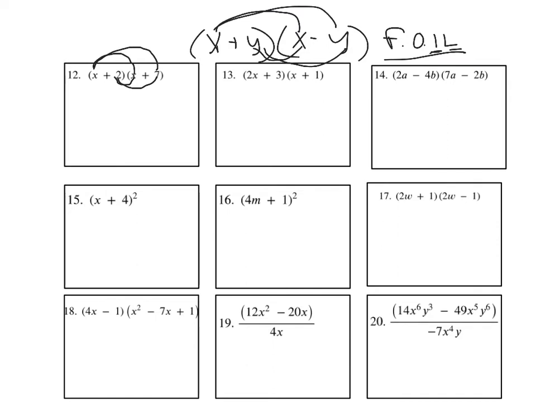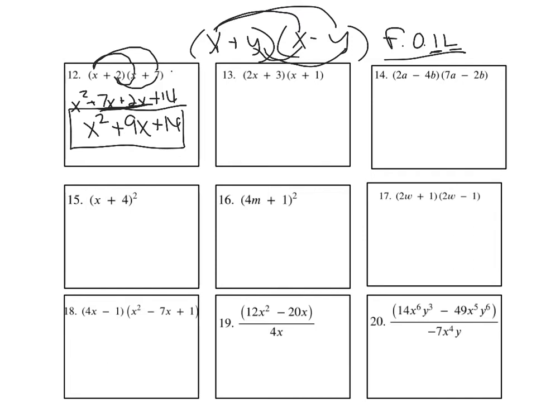So x times x is x squared. X times 7 is 7x. 2 times x is 2x. 2 times 7 is 14. Combine your like terms. So x squared plus 9x plus 14. And that's your quadratic.